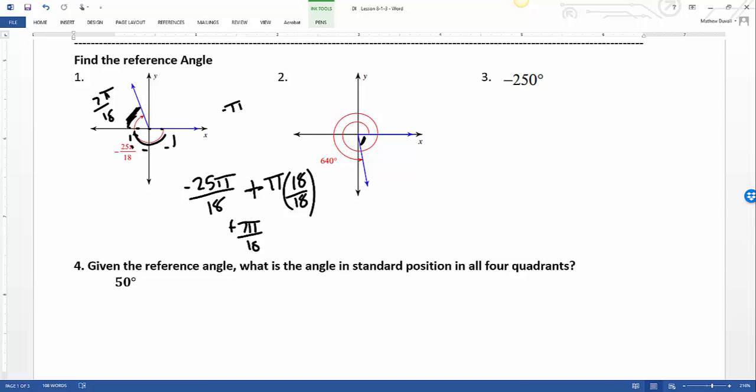Now, for this next one, because it rotated once, to find that little bit left, it might be nice to know what the full second rotation is. So if I know the entire second rotation, and I subtract that, it should give me the difference in my angle. So if I know it's 360 for one, well, if I go around again, that's 720.